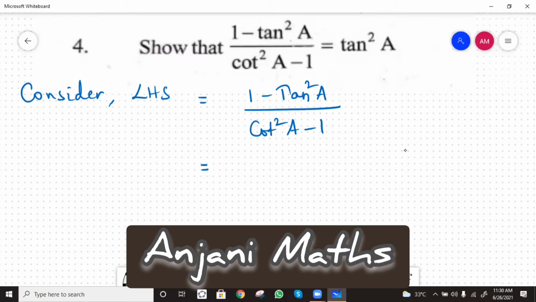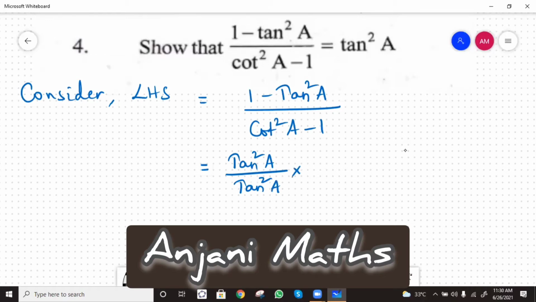So multiply and divide both the numerator and denominator with tan square A. Tan square A divided by tan square A, there is no difference.